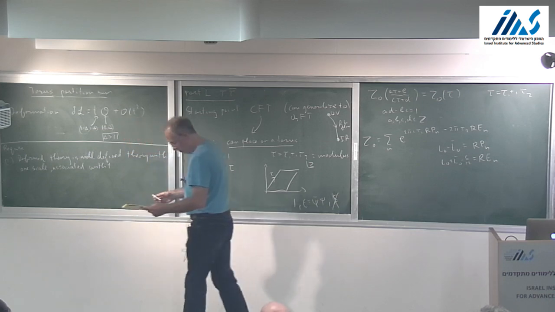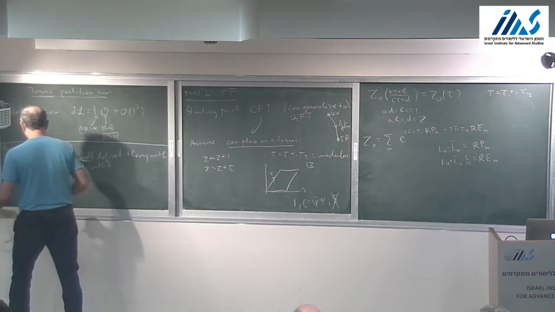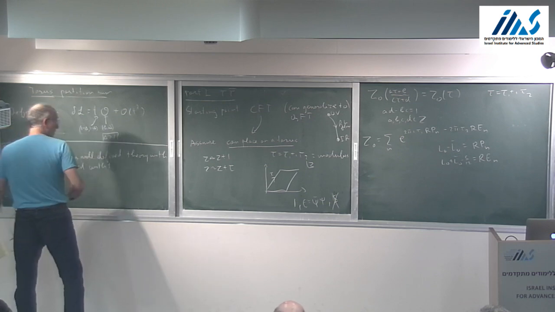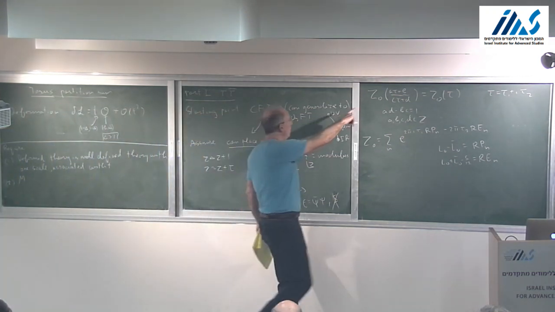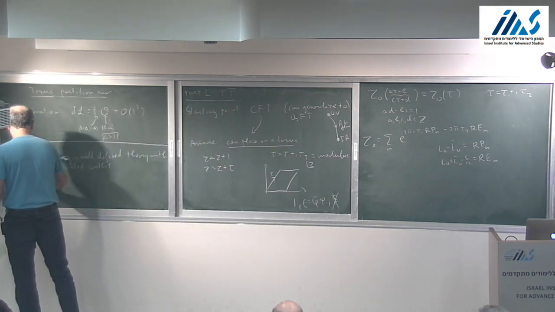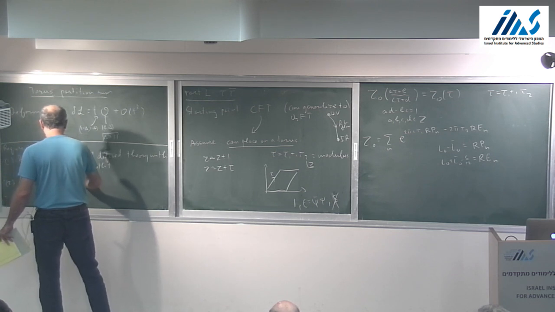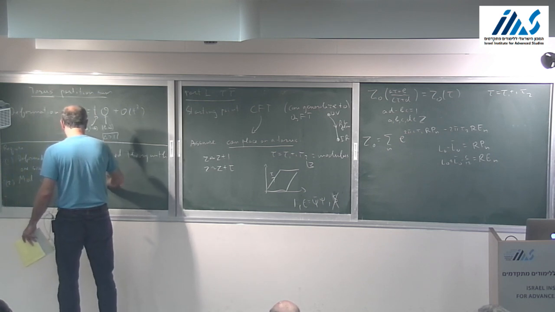I'll talk about it a little bit. The second requirement is that, much like the original theory we started with, it is modular invariant with the coupling transforming appropriately. I'll talk about that in a second.